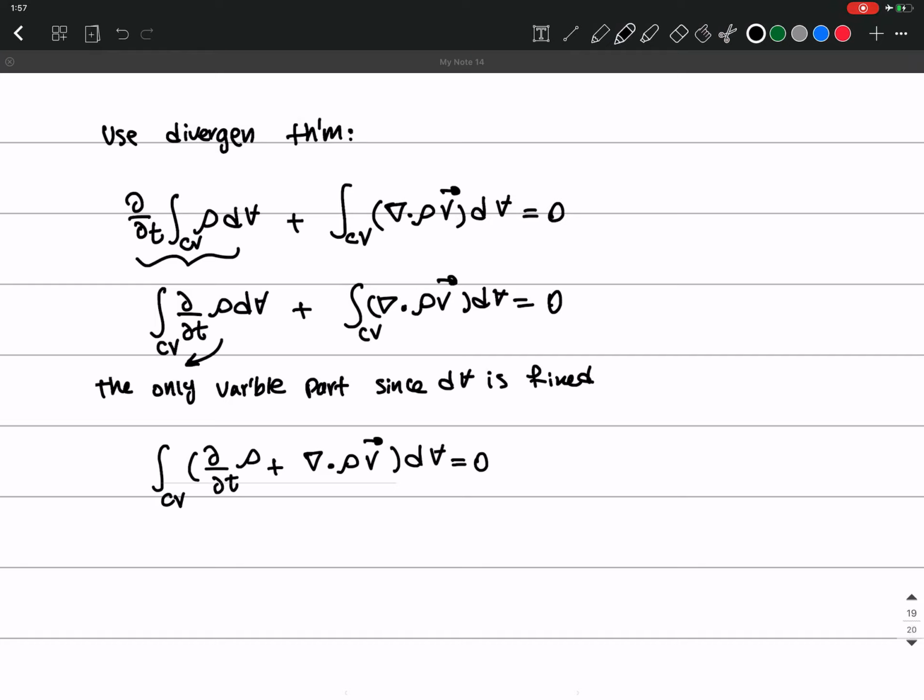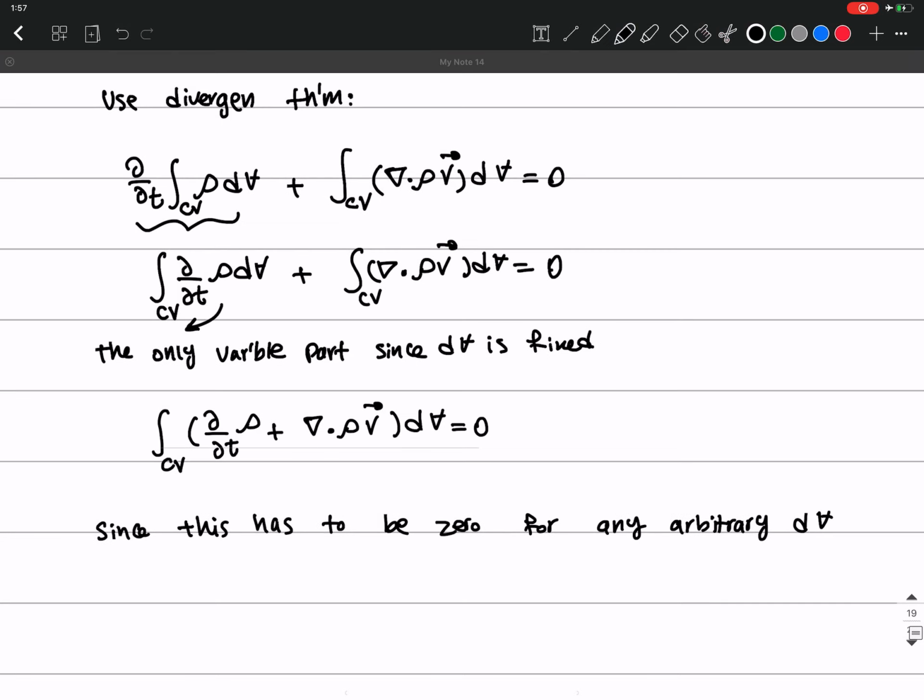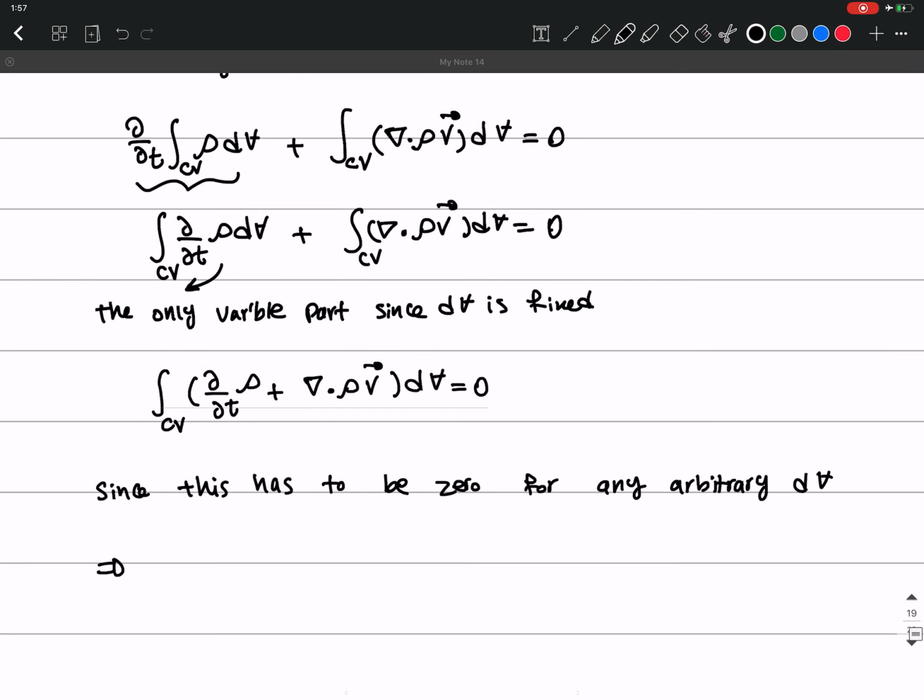This is an interesting equation now. Since this has to be 0 for any arbitrary dv, for any dv you choose, this equality has to hold, right? The only way this can be true is that the integrand must be 0 too.